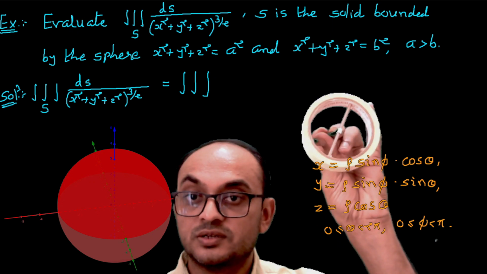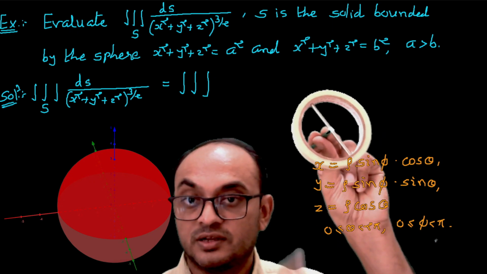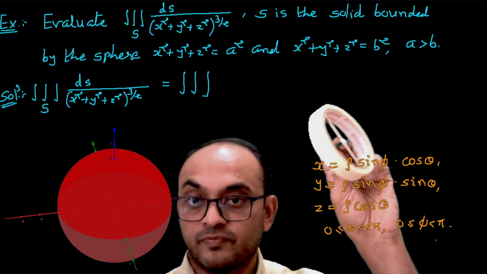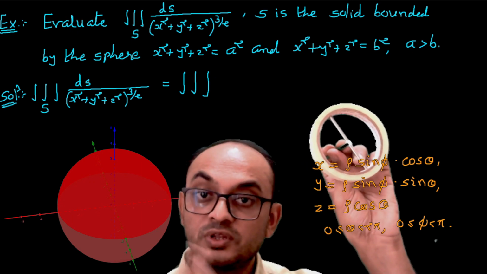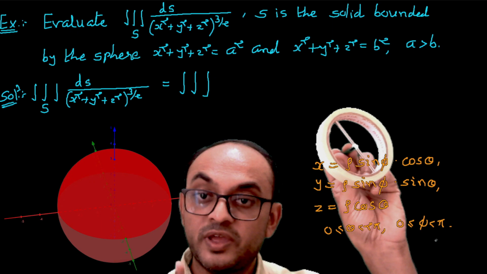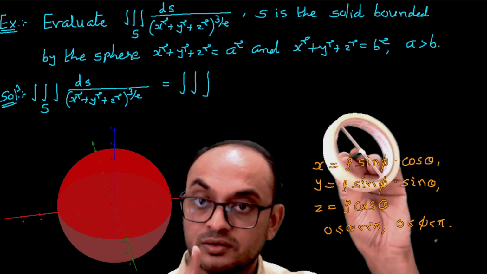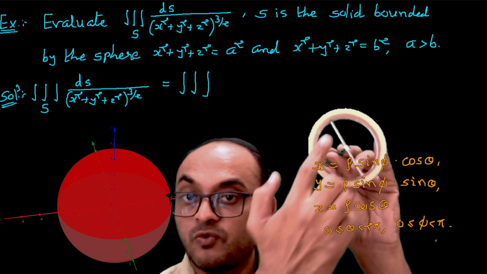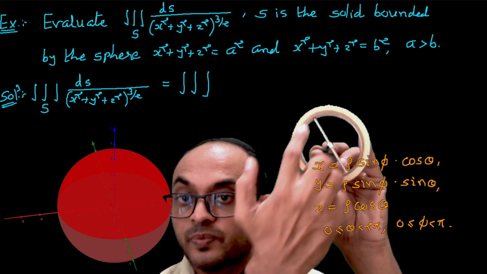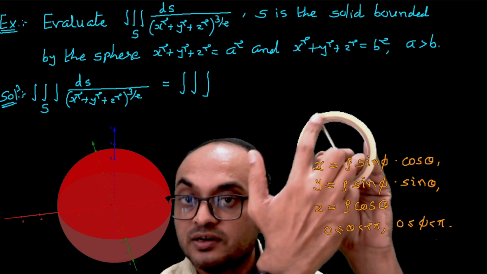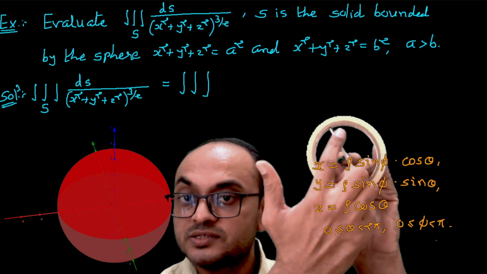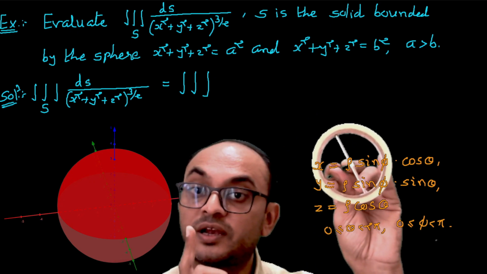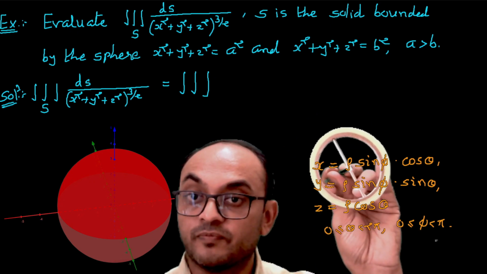What is this? You may consider this as a circle, right? When you draw the circle, we have radius r, and theta. So for this full circle, say the radius is r and the angle is theta. What is the range of theta? Theta is 0 to 2 pi, right?